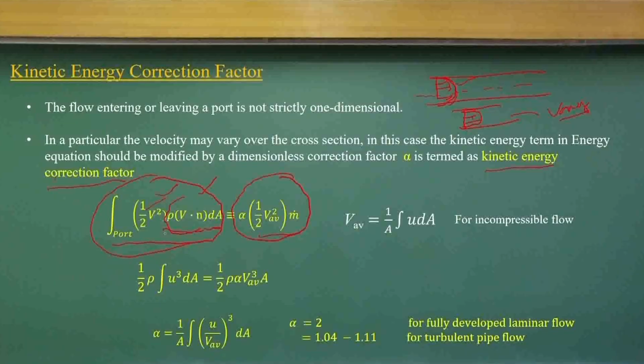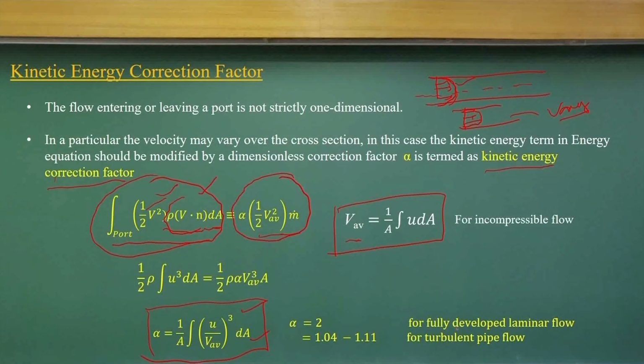If I equate these, then alpha comes in a very simple form. As you know, V average is the average velocity. So, alpha can be considered as the integral of u to the power 3, cubic power, dA, divided by V average cubed times A, and this integration will give us the alpha value.